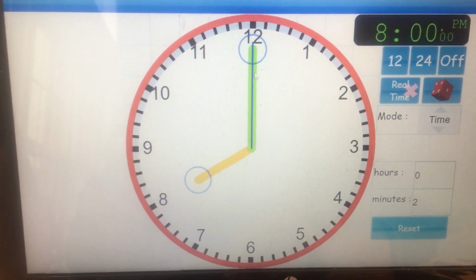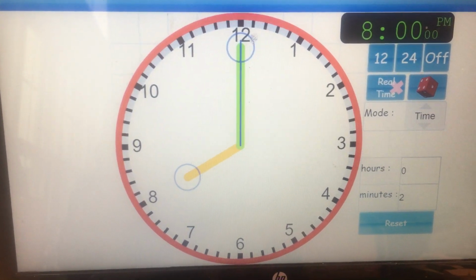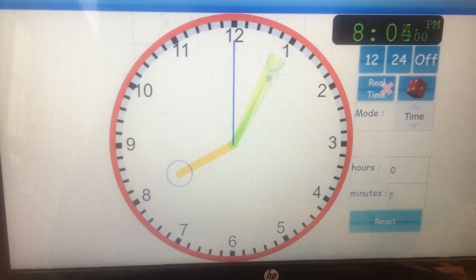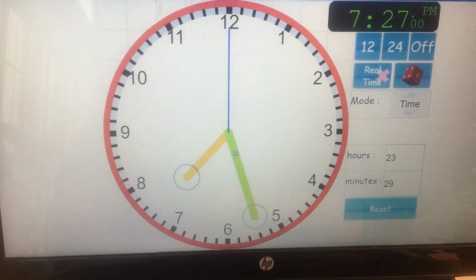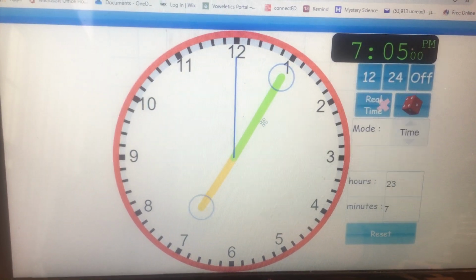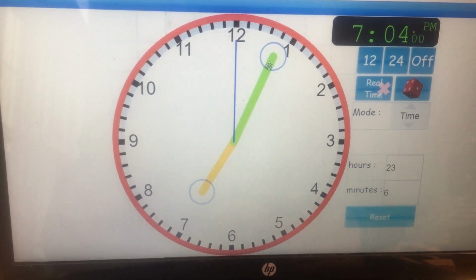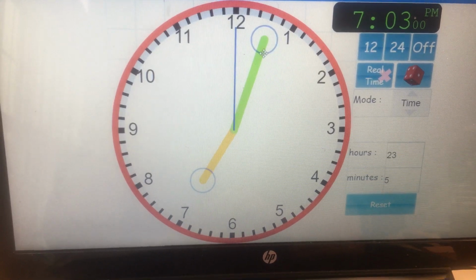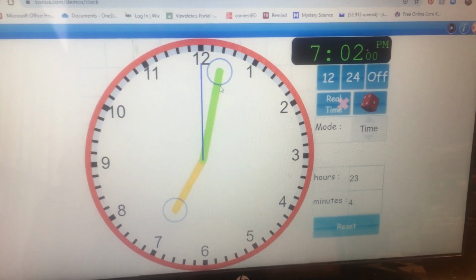So let me see if I can make this work. If I click on this, all right, I'm going to go backwards to 7 o'clock. And you see how when you go around one whole time on the clock for the minutes, then the hour hand moves from one number to the next. So right now it's 2 minutes after 7.